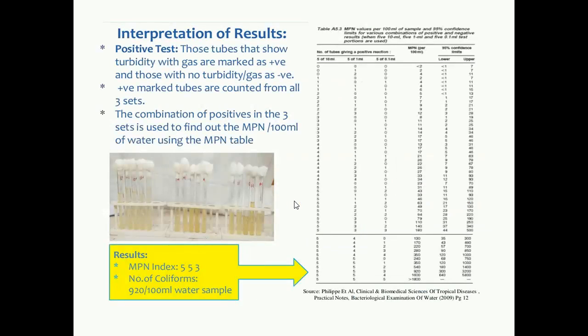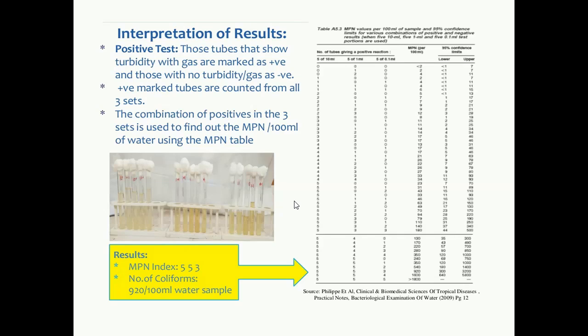Next, interpretation of the presumptive test results. Here we interpret the presumptive test results. We can take the MPN standard table, then only we can interpret the presumptive test result.